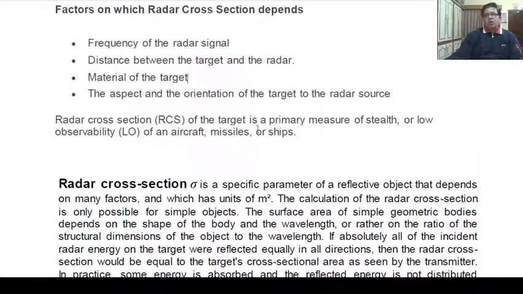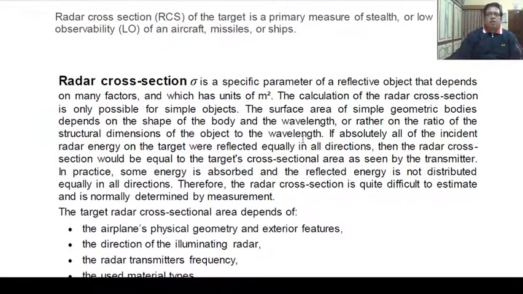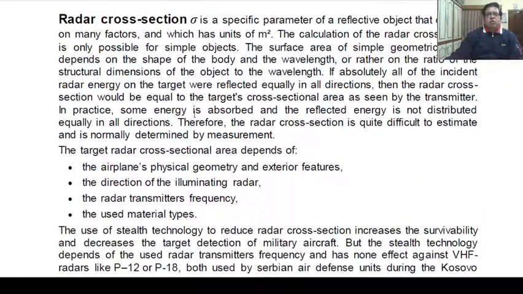Radar cross section of the target is a primary measure of stealth or low observability, LO, of aircraft, missiles or ships. In a different approach, we can also understand radar cross section as a specific parameter of a reflective object that depends on many factors and has units of meter square.